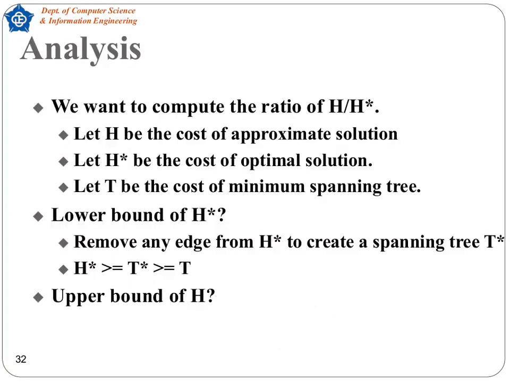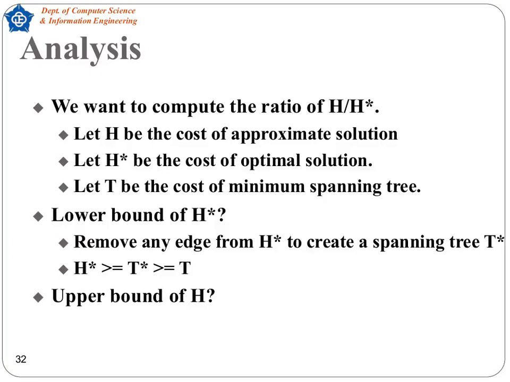Building on our previous example, let's turn to the approximation ratio H divided by H star. Here, H is the cost of our approximate tour, H star is the cost of the true optimal tour, and T denotes the cost of a minimum spanning tree. To get a lower bound on H star, notice that removing any single edge from the optimal tour produces a spanning tree. Call its cost T'.